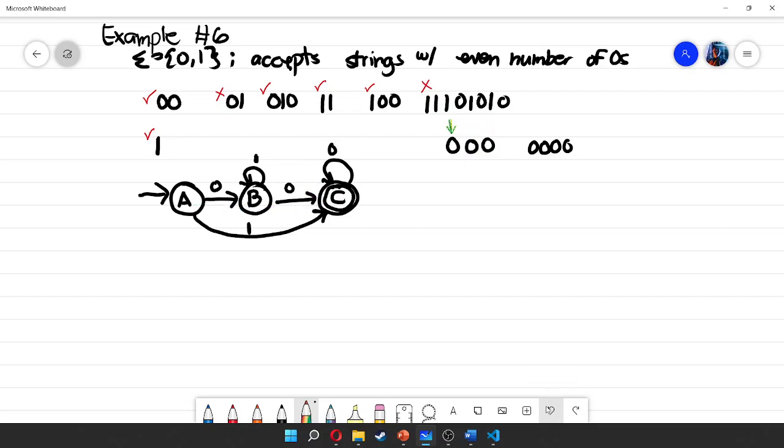So what we can do is make a transition from C. We can go back to B when we see a 0, not to A. Let's try to visualize it. Back here, what if we see a 0? We are in state A, we see a 0, where do we go? B. We see another 0, where do we go? C. We see another 0, where do we go? B. Accepted or rejected?